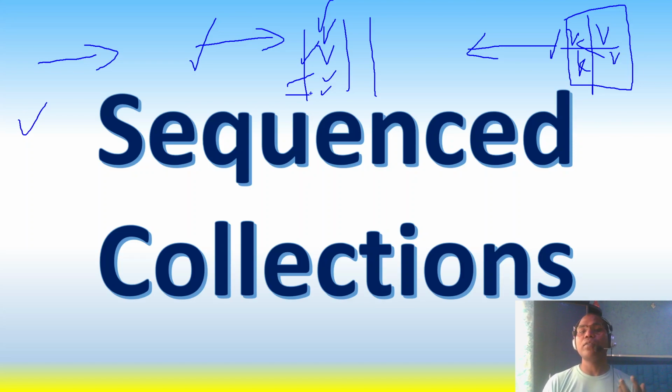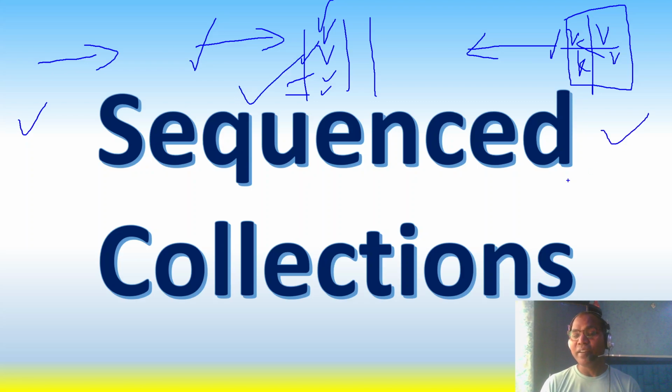Previously, as a Java developer, it was our responsibility to manually find out which is the first and remove it, which is the last and remove it. These are functionalities for which we currently write code manually. Now sequenced collections fulfill this purpose, supporting these operations, which you could not do on your existing collections or existing maps.